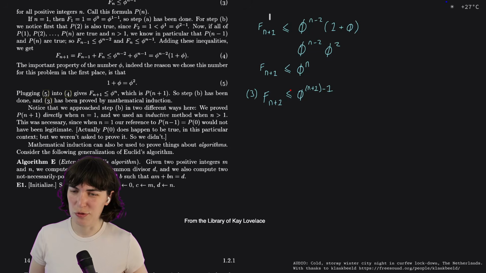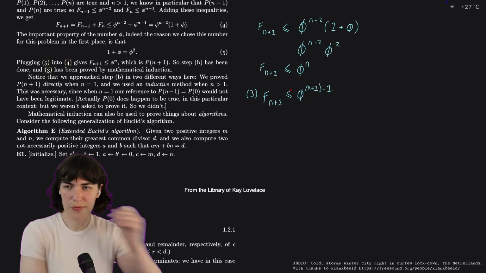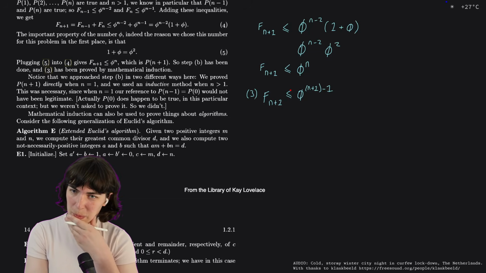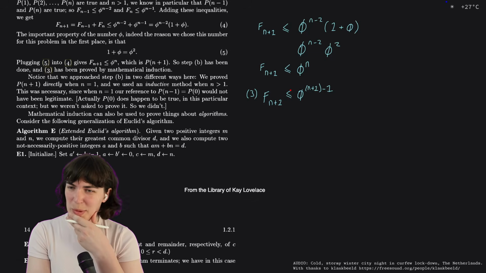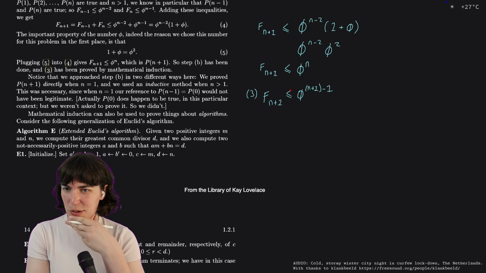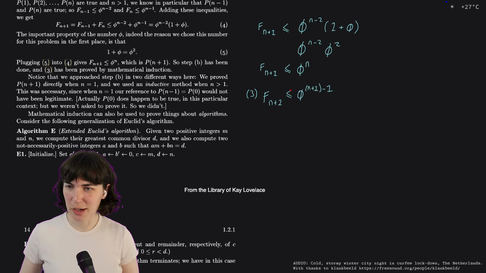We've sort of transformed one into the shape of the other. Or maybe not. Anyway, it makes sense. So step B has been done, and 3 has been proved by mathematical induction. Okay, cool. I can buy that.